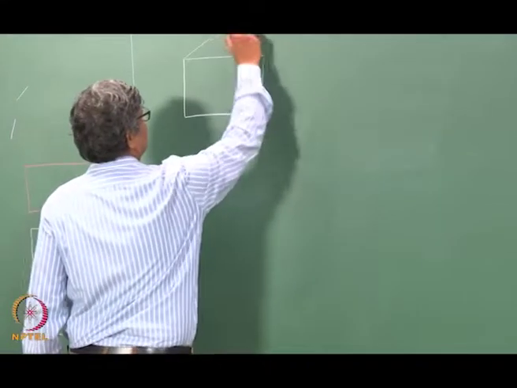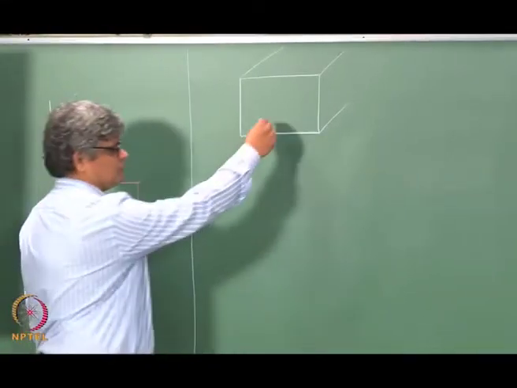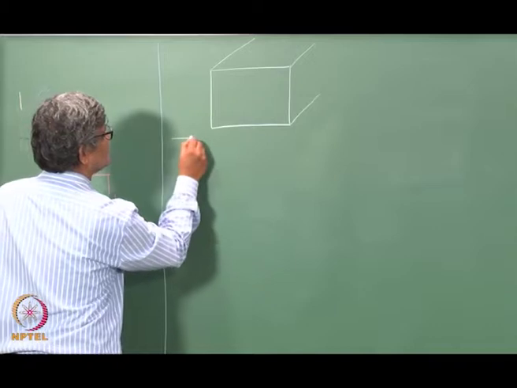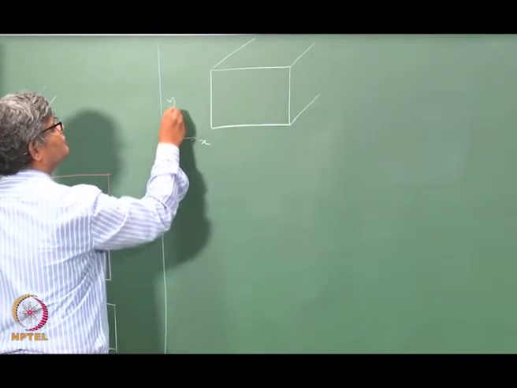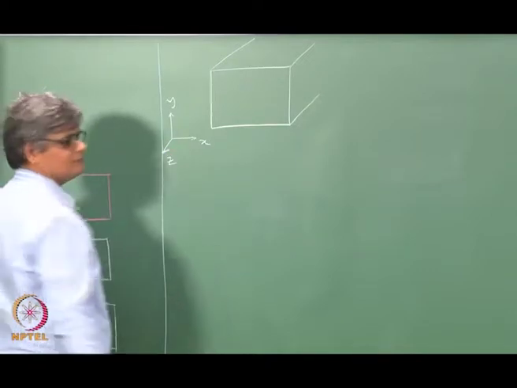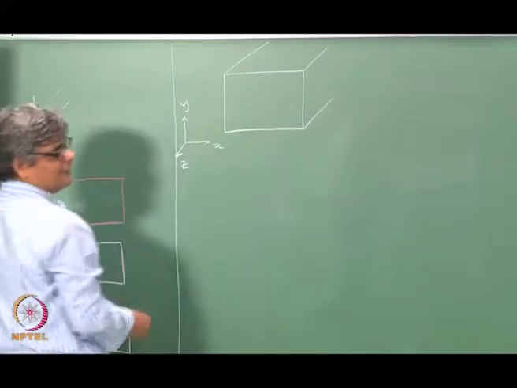It is a long duct, flow is coming through this, and we can fix a coordinate system such that this is x, y and z is in this direction. So, you have a flow which is going in the z direction.